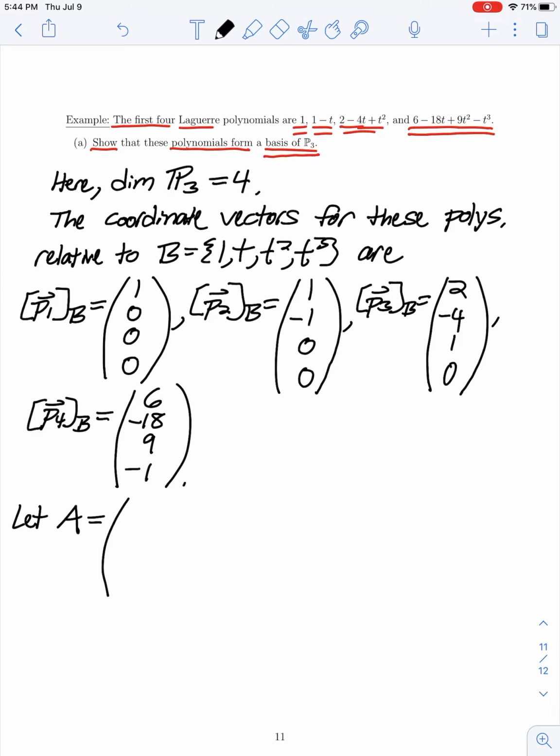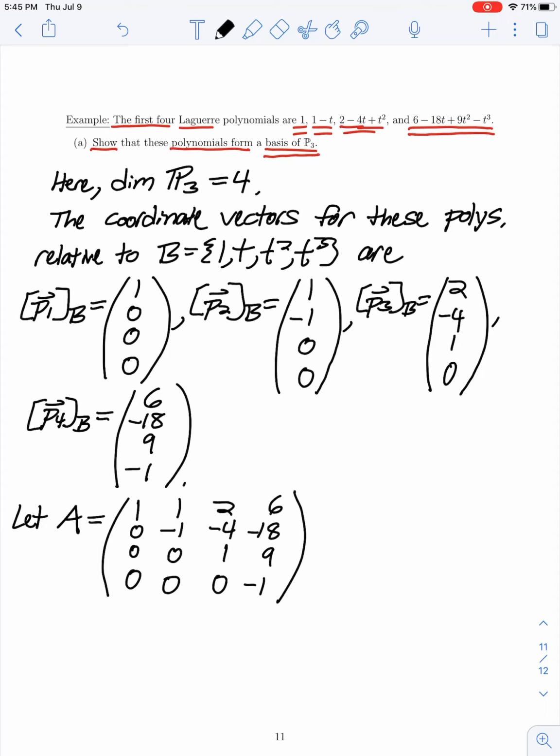So an easy way to accomplish that is to consider the following matrix, whose columns are these vectors: 1, 0, 0, 0, 1, negative 1, 0, 0, 2, negative 4, 1, 0, and 6, negative 18, 9, negative 1. Now this is a square matrix, that is a 4 by 4 matrix.